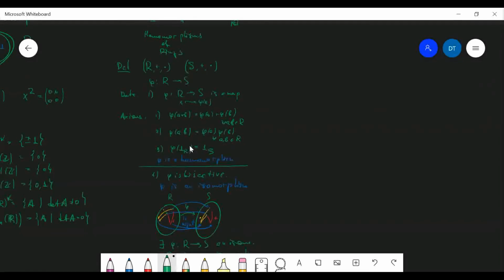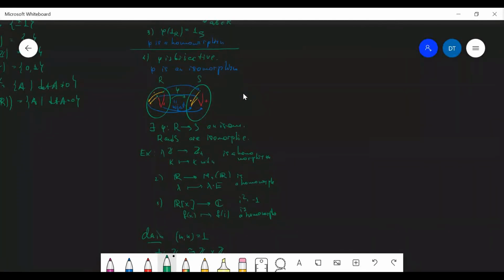So the definition is basically the same as it was for groups. What was a homomorphism of groups? It was a map between groups preserving the group structure, which means it preserves the operation. So this is exactly the same definition. And an isomorphism is a bijection which is a homomorphism.